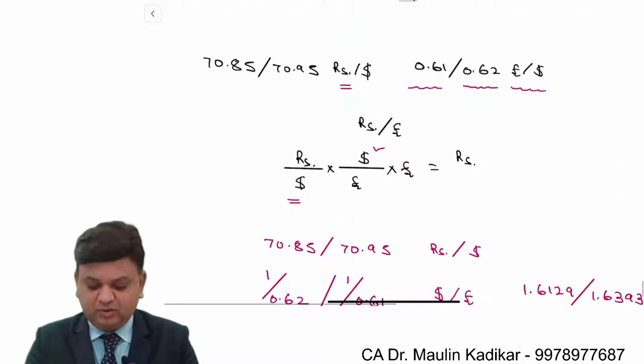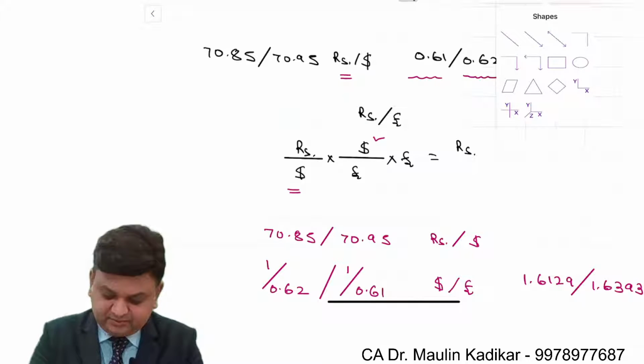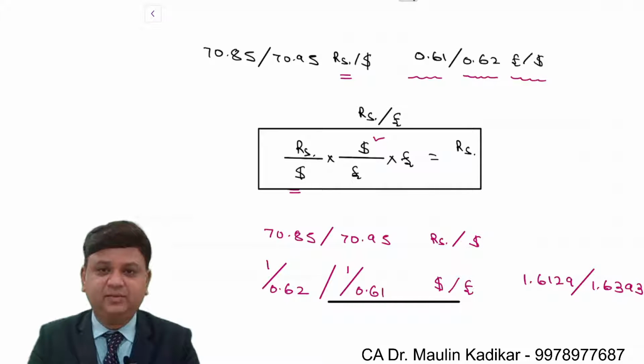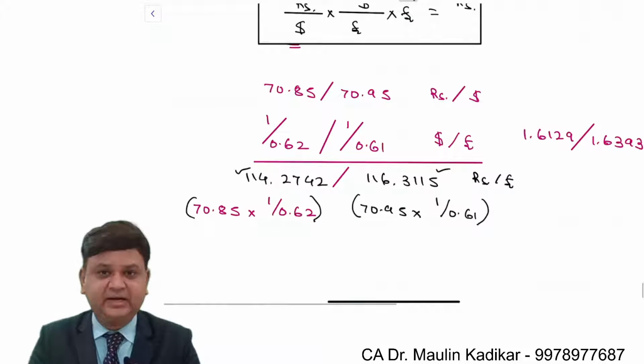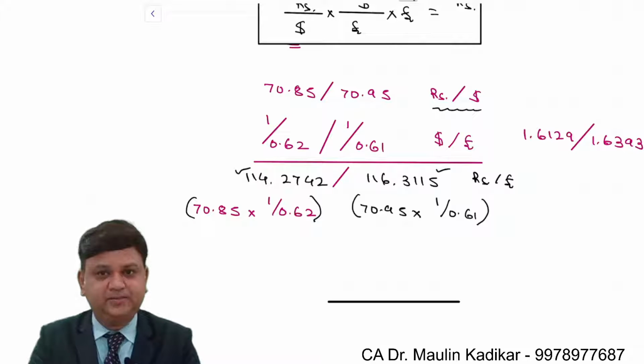So let me repeat what you have to do. First, form a simple formula. Based on whatever formula you form, you will keep the rates accordingly. Rupees per pound is required, and the same is given, so no change.